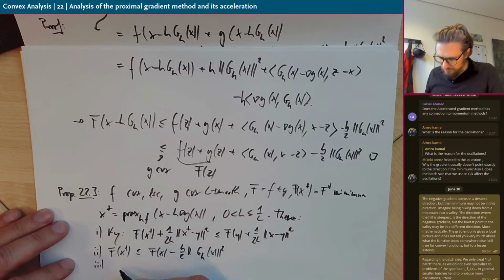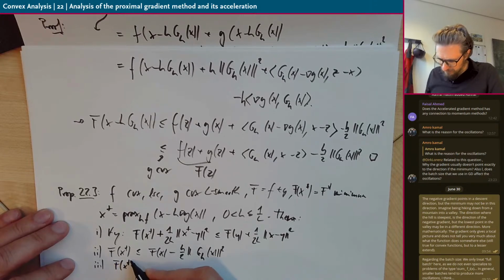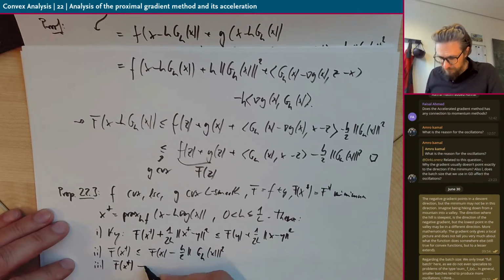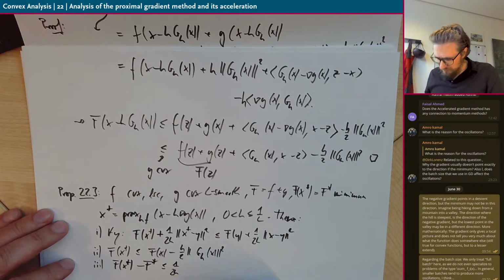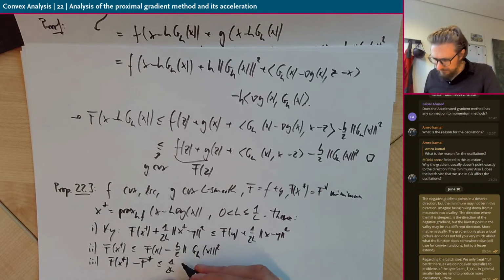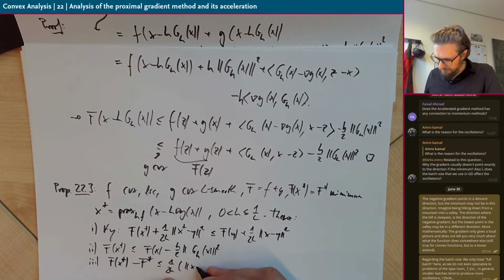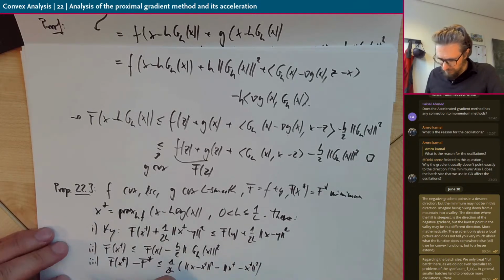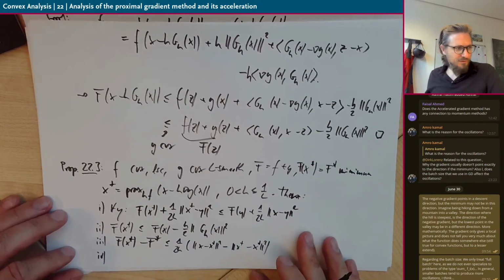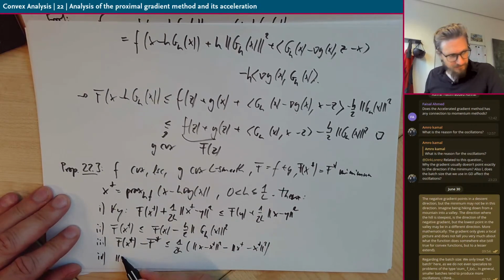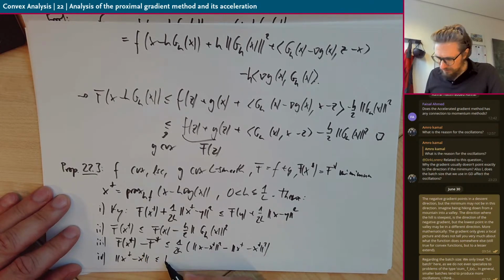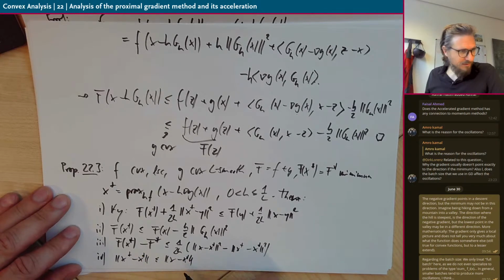Third consequence is that F of x plus minus f star is smaller equal 1 over 2h times the norm of x minus x star squared minus the norm of x plus minus x star squared. And the last consequence is that the norm of x plus minus x star is smaller equal than the norm of x minus x star.